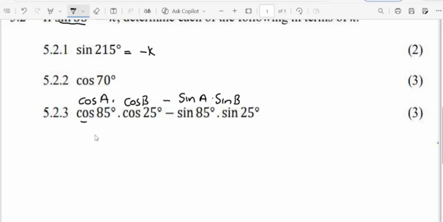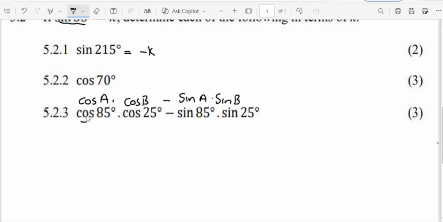Is it for cos? This is what you need to ask yourself. Is this a compound for cos or is it a compound for sine? Look at this. We have cos A, cos B. It can be for sine, but it's for cos.